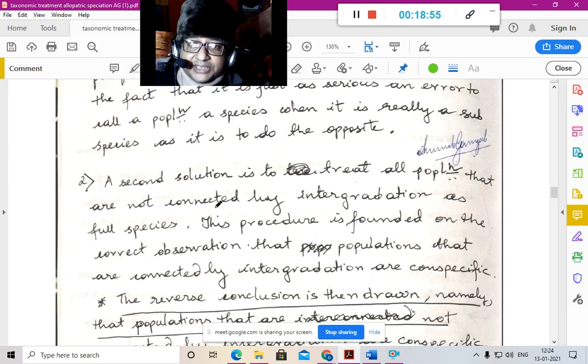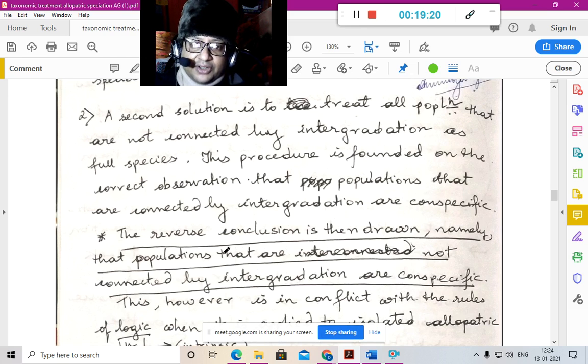So a second solution is to treat all populations that are not connected by intergradation as a full species. Now this is also a very bad way of speaking, that all populations where there is no mixing, you consider as different species. And the reverse conclusion is drawn, that populations that are not connected by intergradation are conspecific.